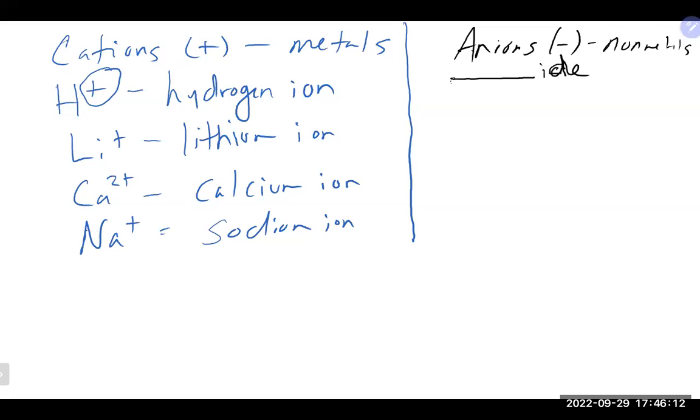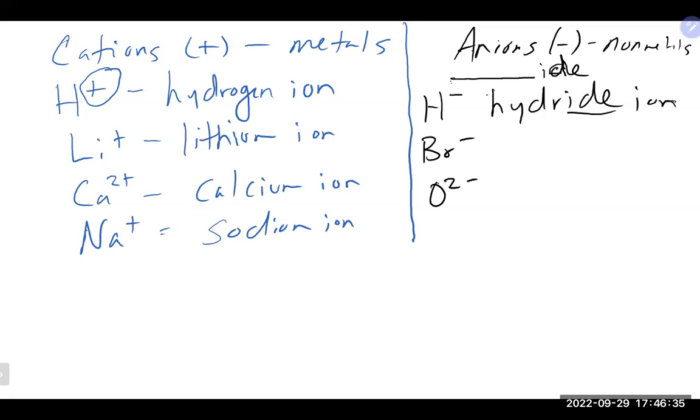If we write some with negative charges like H minus, Br minus, O2 minus: this is hydrogen, so this becomes the hydride ion. This is bromine. We drop the last part of bromine, and it becomes the bromide ion. Oxygen, we drop the last part of oxygen, and this becomes the oxide ion.